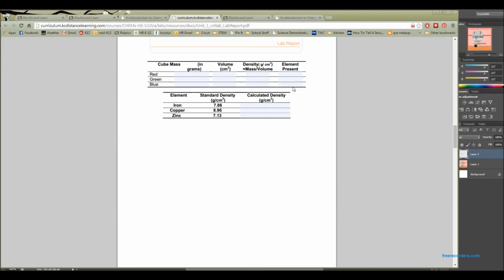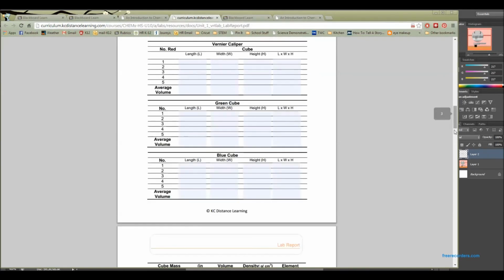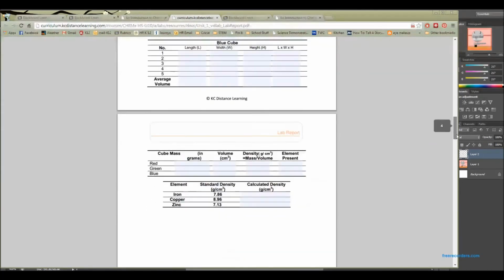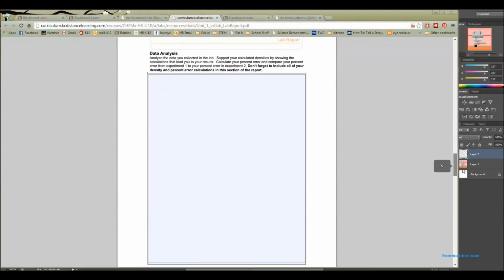Tell me which cube is iron, which cube is copper, which cube is zinc. And there's a spot down here for you to write the calculated density because you probably will not get exactly perfectly 7.86 or 8.96. Then for your data analysis, this is where you show your calculations.